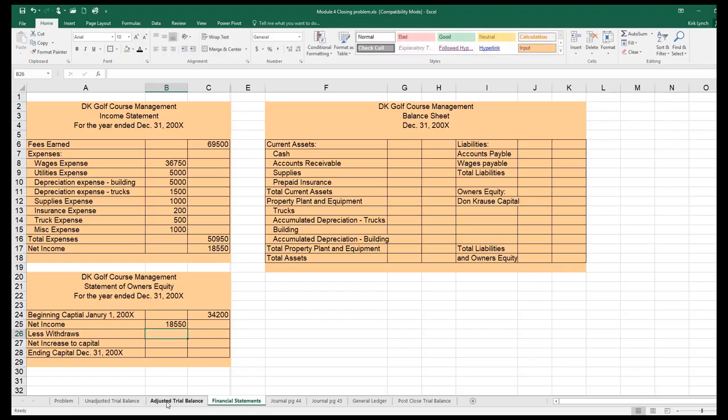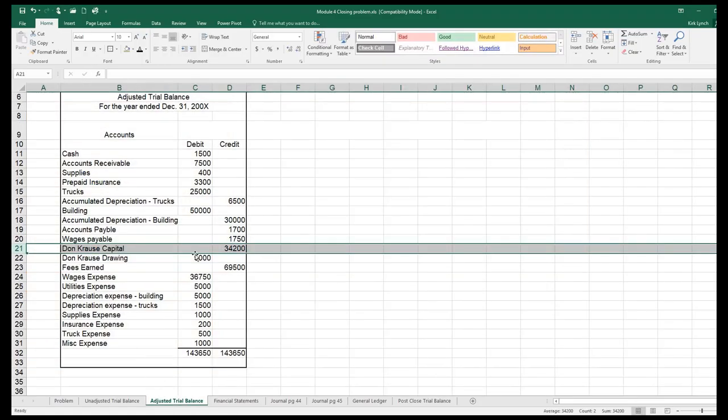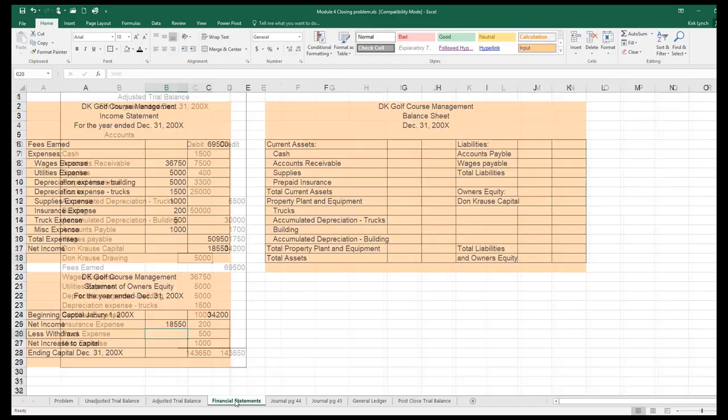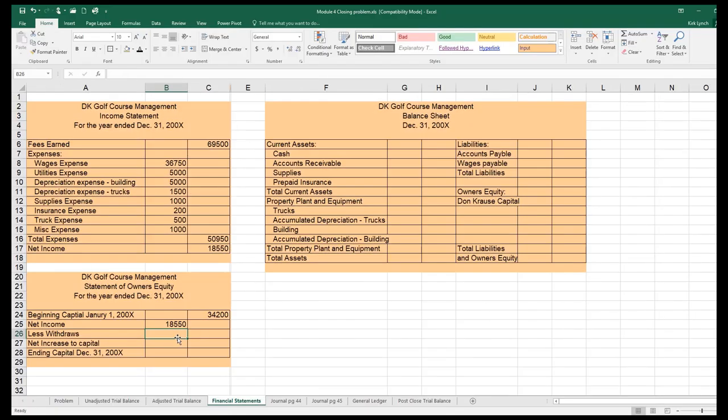And our withdrawals, again on the adjusted trial balance, $5,000 is what the owner has withdrawn in this accounting period. And so we're going to put minus 5,000. Okay, and so an addition of 18,550 and a subtraction of 5,000 means a net increase of 13,550 to our capital account.